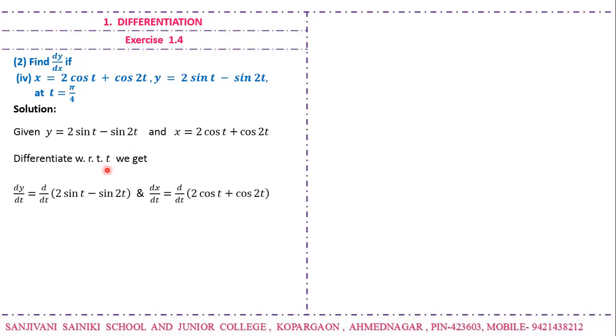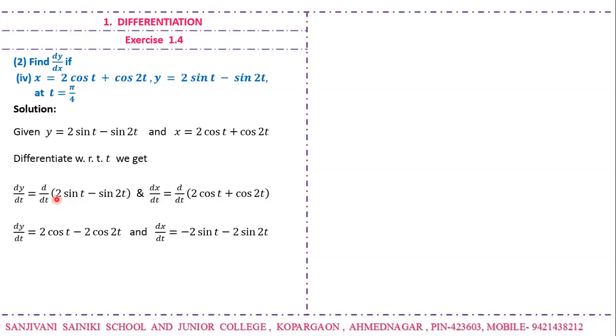So differentiate with respect to t: dy by dt is d by dt of 2 sin t minus sin 2t, and dx by dt is d by dt of 2 cos t plus cos 2t.